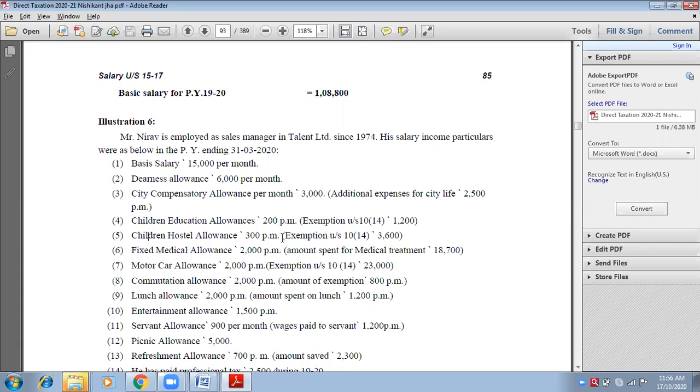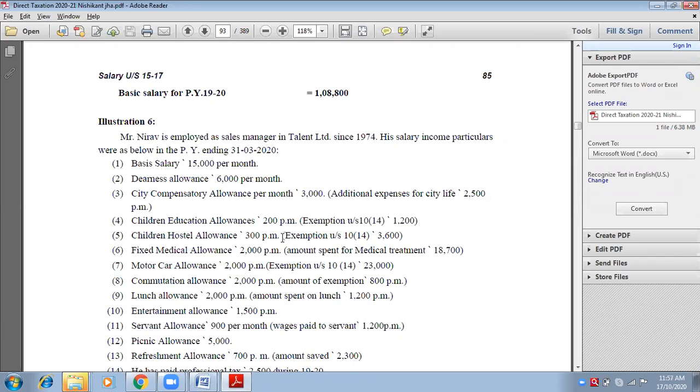Make another bracket. It is 300 per month per child, no? So you will write it as 300 into 12 into 1. 1 means one child, per child. 300 into 12, because it is per month, we need to convert it to per annum.